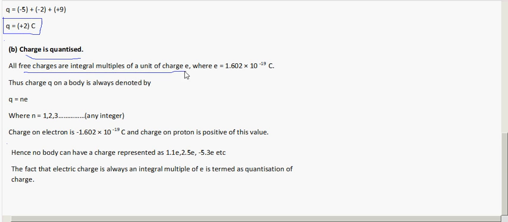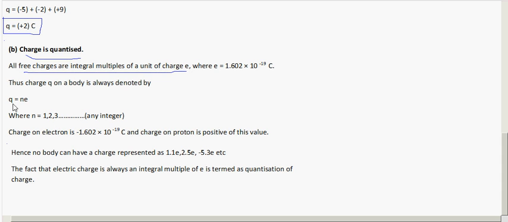Then the total charge of the system is Q1 plus Q2 plus Q3. When you add with proper sign, the total charge is plus 2 coulomb. So that is about charge being a scalar quantity.